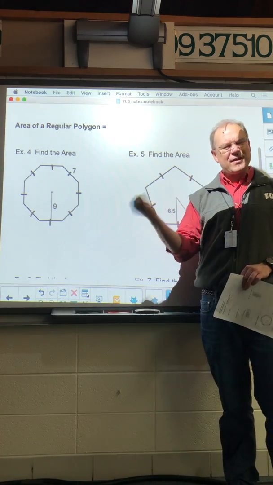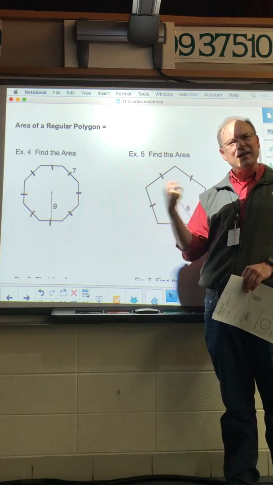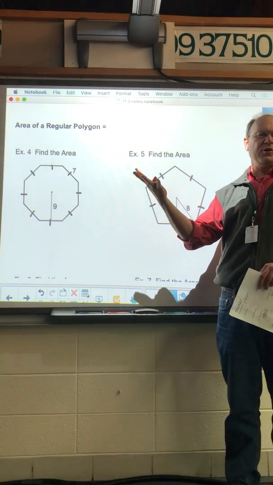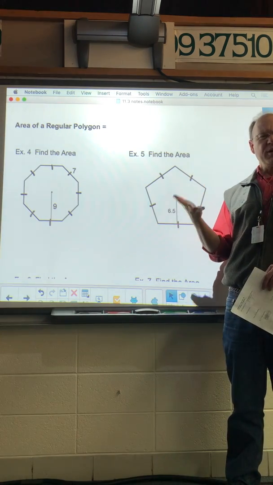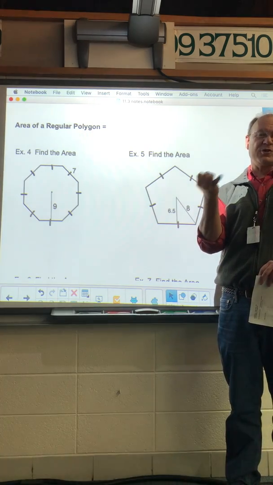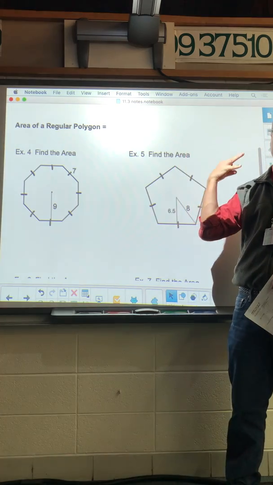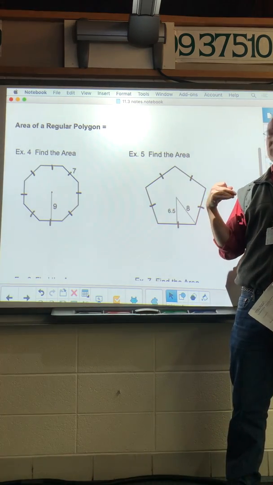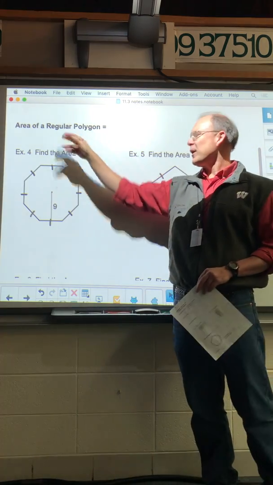So it can be a regular pentagon, a regular hexagon, a regular octagon, a regular 25-gon. The formula is the same. So it's not like we have one formula for circles and one formula for triangles and one for trapezoids, whatever. It's the same formula for all regular polygons.